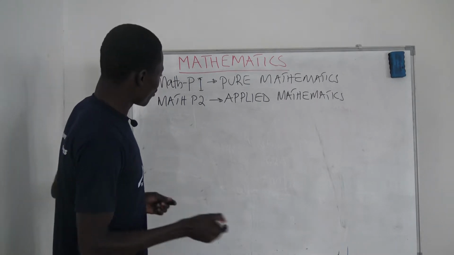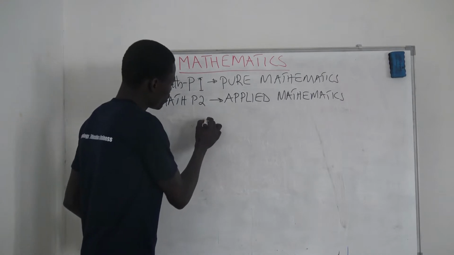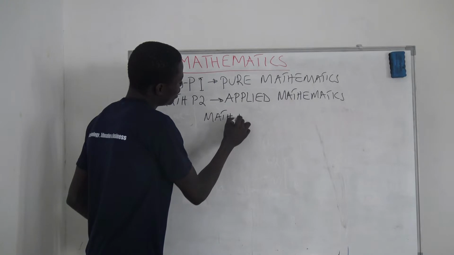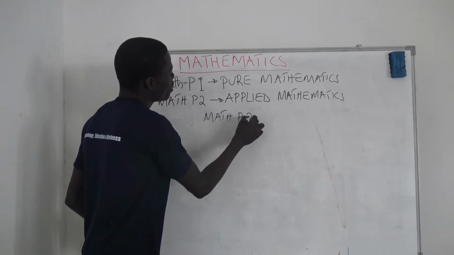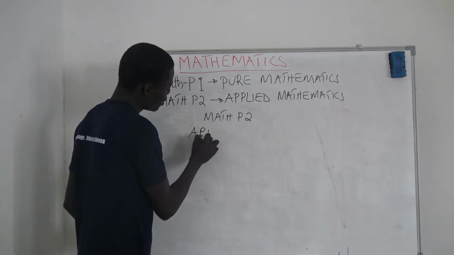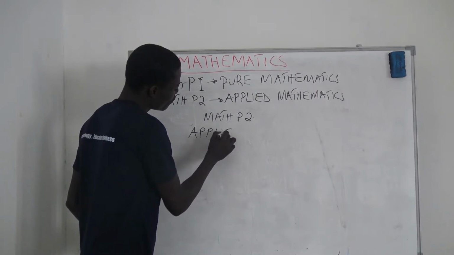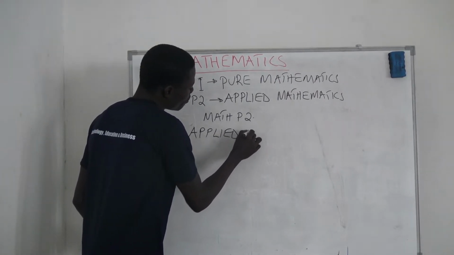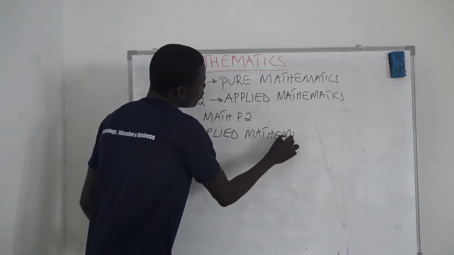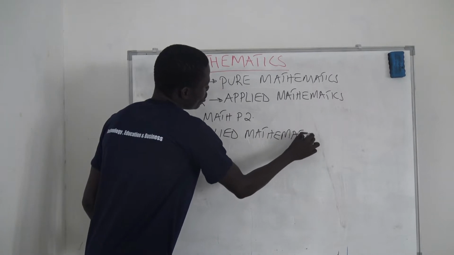But for our area of interest, or what we are going to look at, we are going to look at what we are calling mathematics paper 2. Maths paper 2 is the one which we are calling applied mathematics.